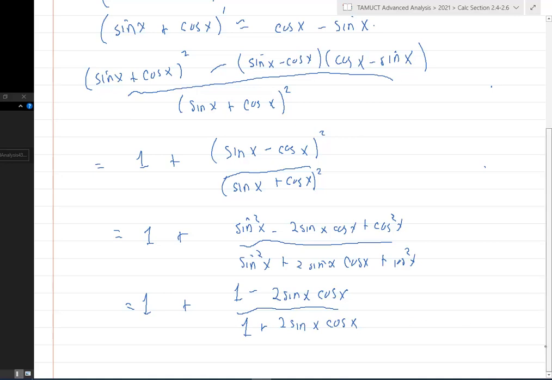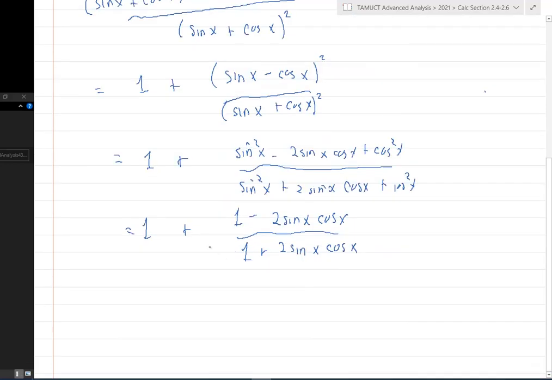And what you can do here is just, now you can put these over a common denominator back again. And it turns out I shouldn't have split it up at the beginning, but sometimes that happens. You don't do the right thing. So you get 1 plus 2 sine x cos x plus 1 minus 2 sine x cos x, and that's over 1 plus 2 sine x cos x.